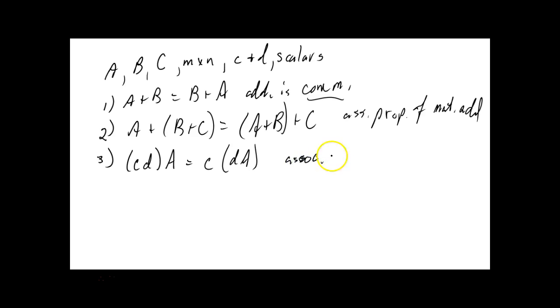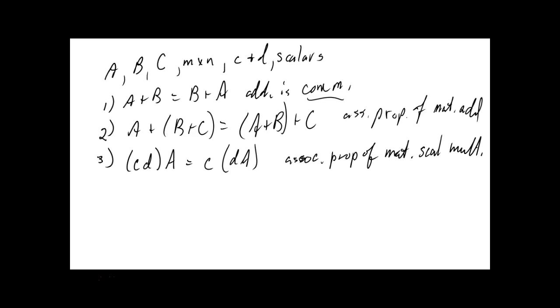Associative property of matrix scalar multiplication. Now they just say associative property of multiplication. You can't say that if those are three matrices. You couldn't even multiply those three matrices together unless M was equal to N. So I want to say matrix scalar multiplication, not just multiplication.